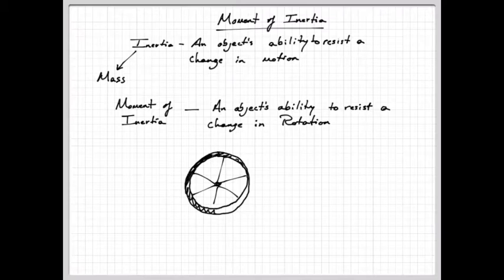And maybe it's not even distributed evenly. Maybe half of the wheel is more massive and more dense than the other. Then it follows that as we try to grab, say, this end of it and try to rotate, we will feel a lot of resistance versus if we grabbed the heavier end and tried to rotate that end. That's what we mean by the moment of inertia. It's the object's ability to resist a change in its rotation.